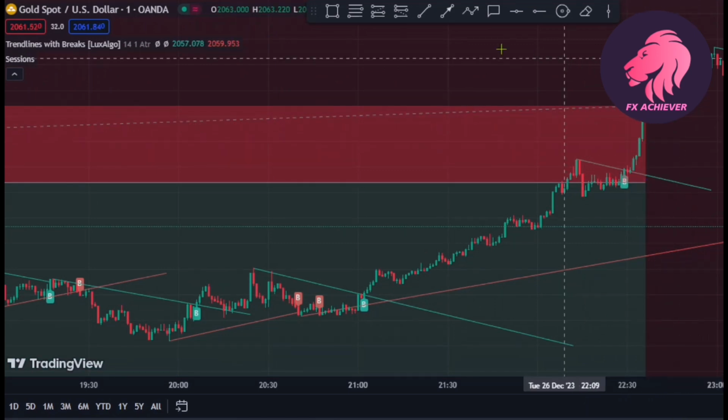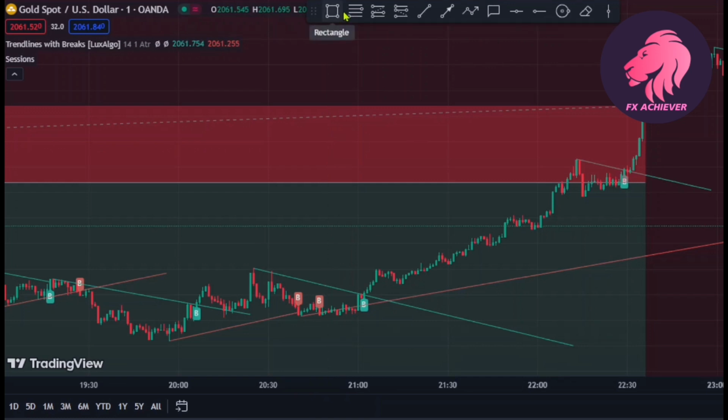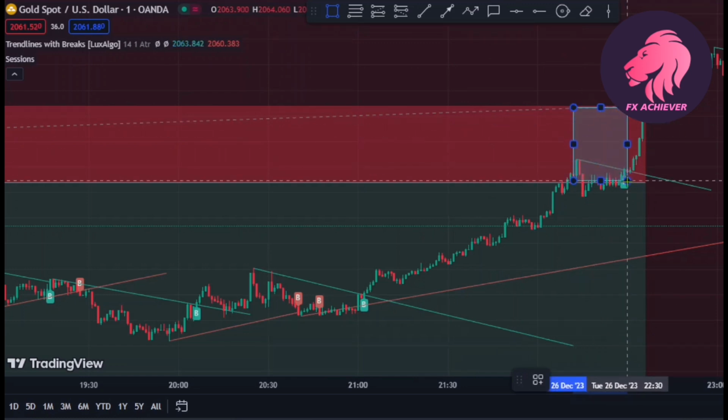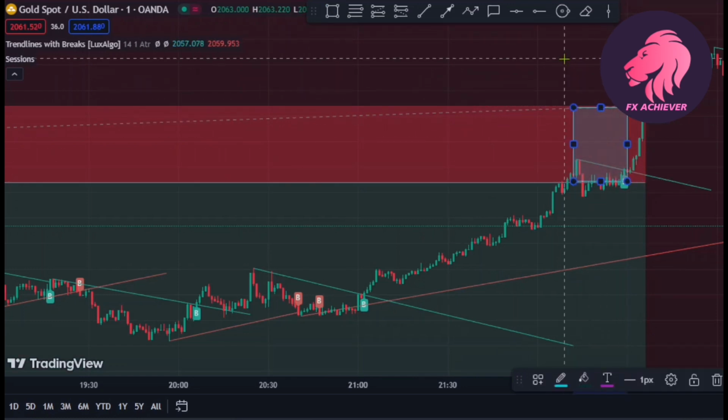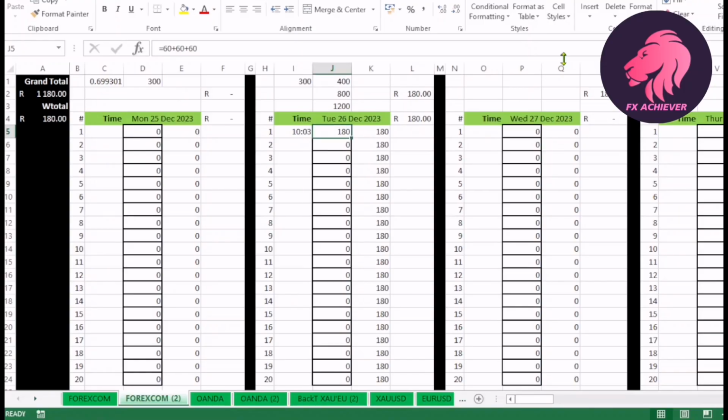In terms of my loss here, this portion is equivalent to 50 rands. So I can say I lost 50 rands on this trade. On this day, the 26th, Tuesday, I made a profit of 130 rands.